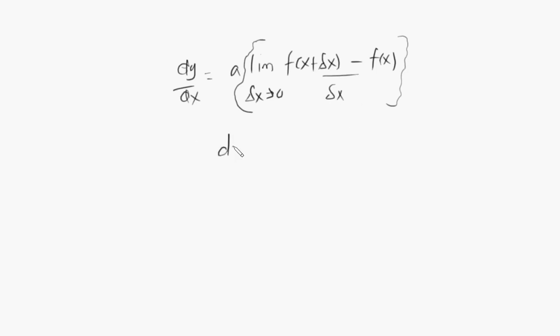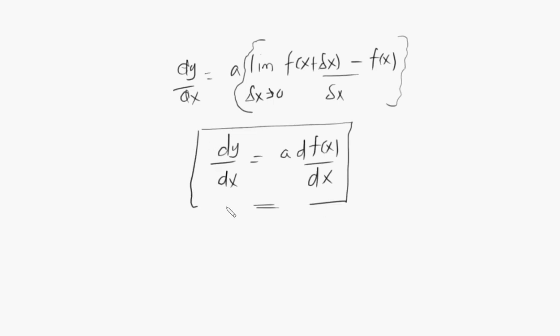So my dy/dx is equal to a times the derivative df(x)/dx. So this one is our formula that we use, that will help us in solving polynomial functions, and this is its derivation.